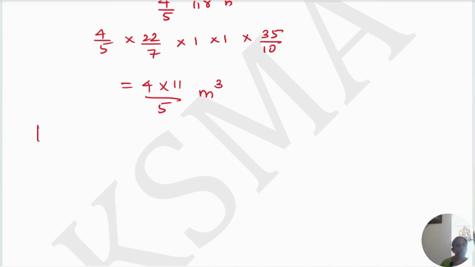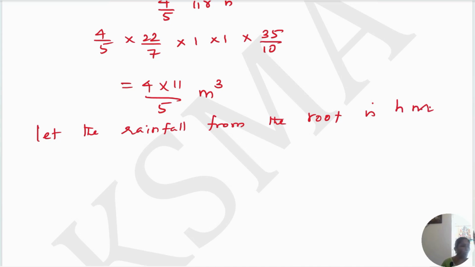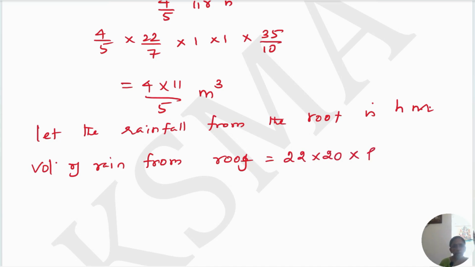And we have to consider the rainfall from the roof. Rainfall from the roof is h meter, you can consider. And now volume of the rain from the roof is equal to length, breadth and height.